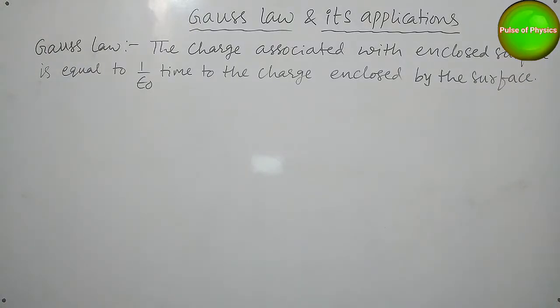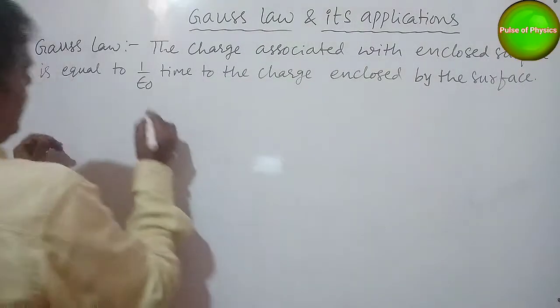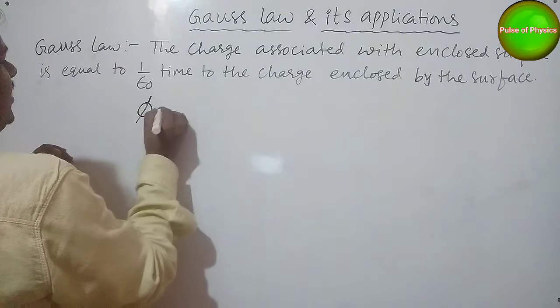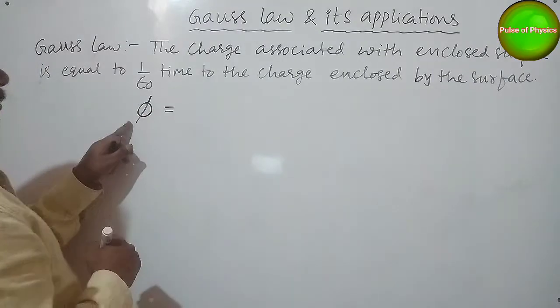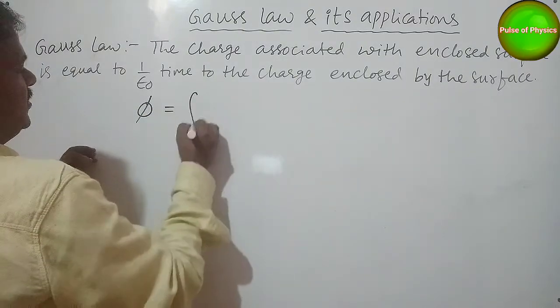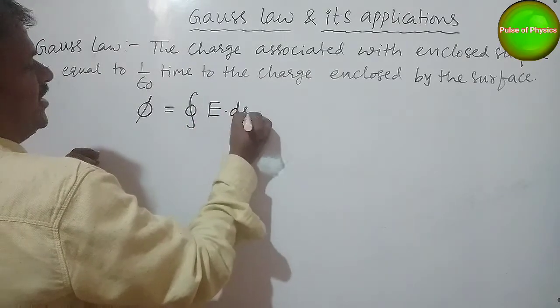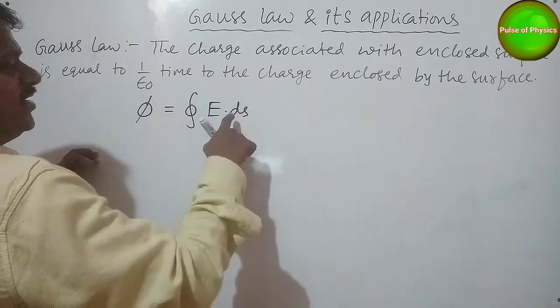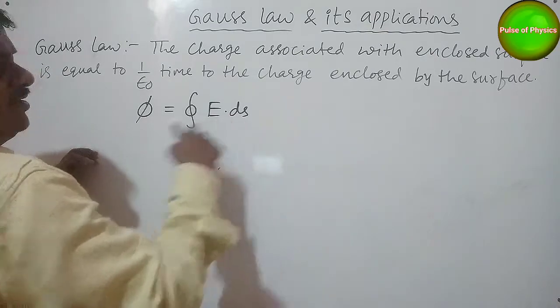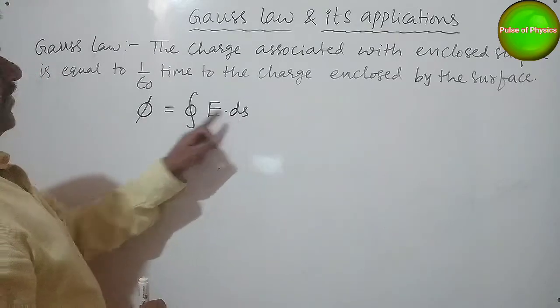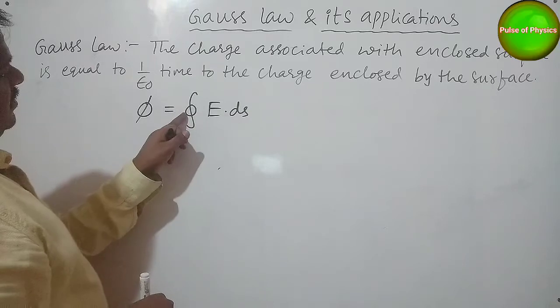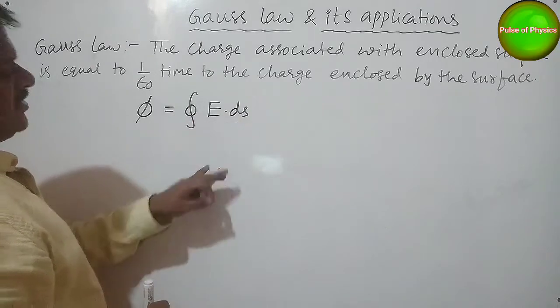What does it mean? Mathematically it is written as phi, electric flux, equals the surface integral of E dot ds, where E is the electric field and ds is a small surface element.